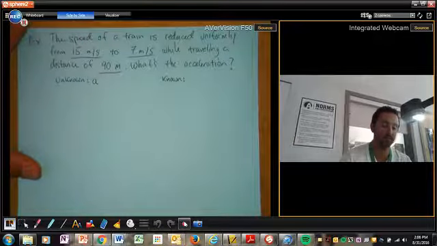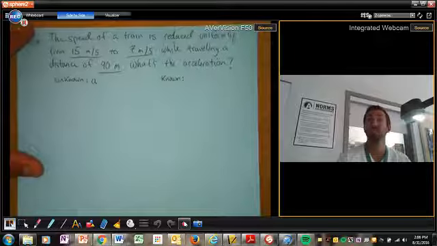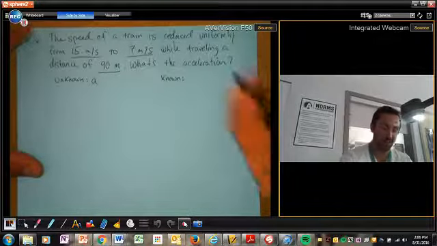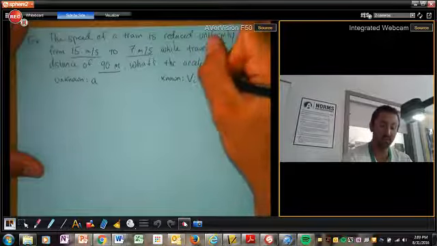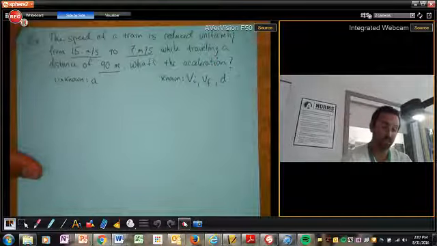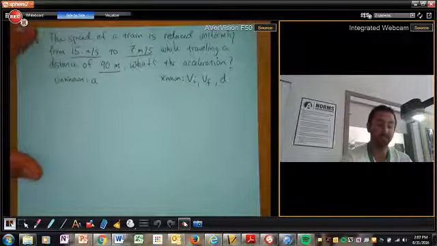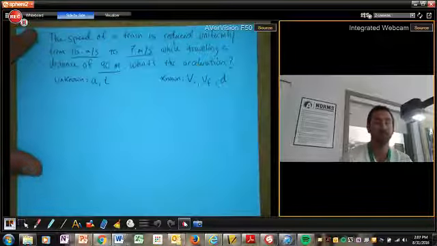We got two velocities, so the 15 is my initial, VI. I also got my VF and my distance. Do I have time? Nope, I don't have time, so I don't know time either.